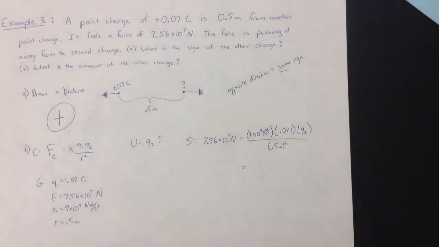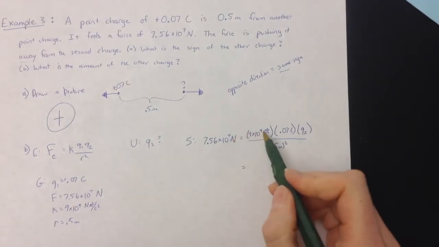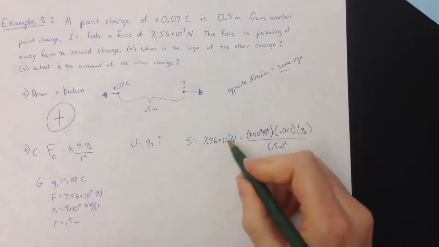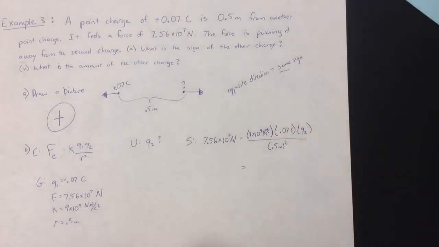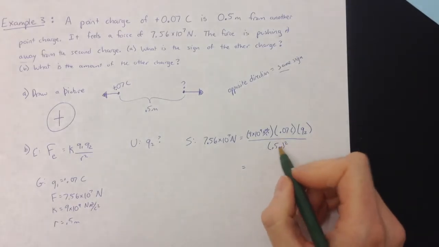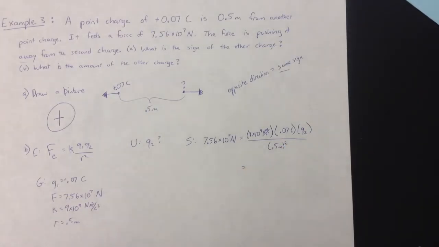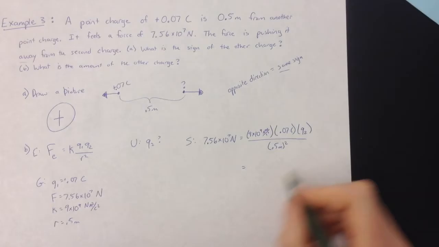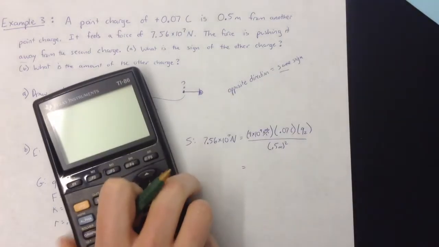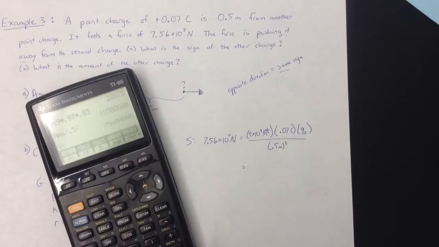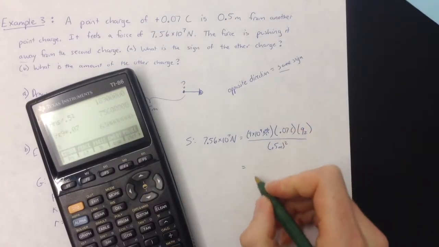Okay, so let's focus in on this here. Now this is a simple order of operations, or solving for x in math class. If it helps you to drop the units, see that the newtons cancel out and the meters cancel out, and one of the coulombs does, so the unit is going to end up being coulombs here. So 9 times 10 to the 9th times 0.07, my calculator says, is a really big number.